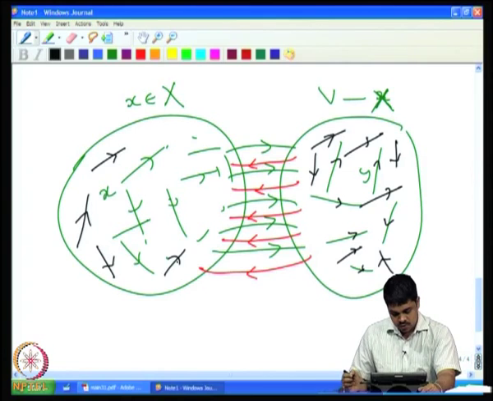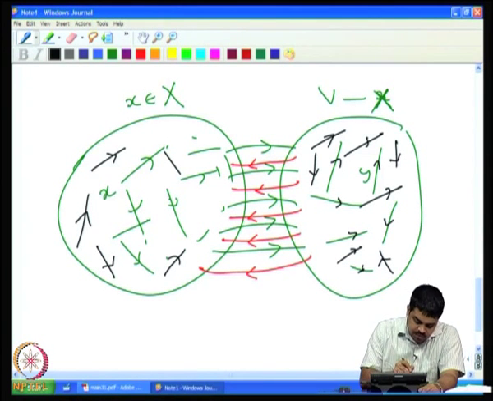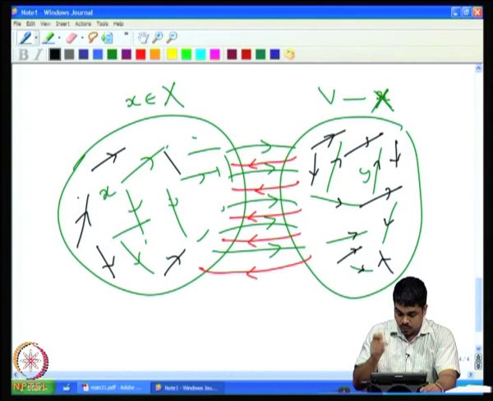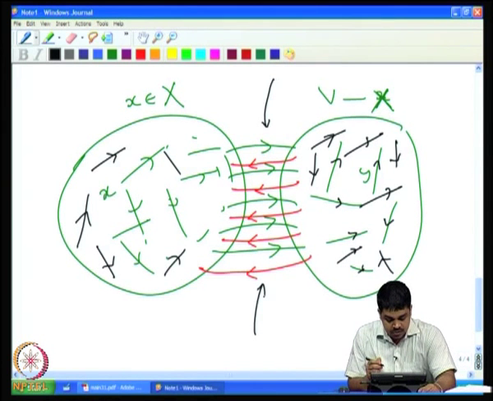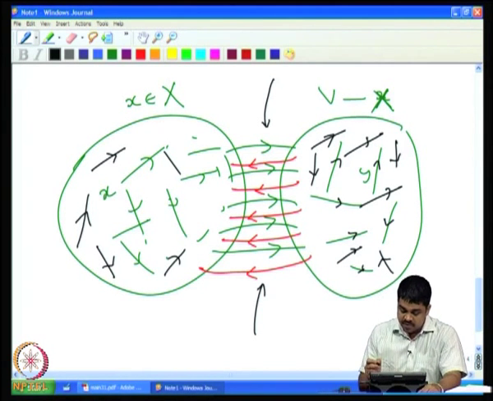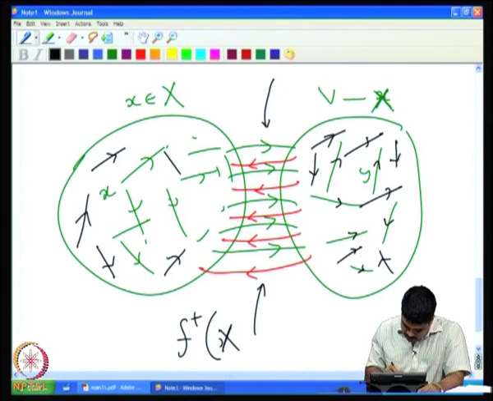So, now what will we expect? Suppose from the source the commodity is flowing into y. We would be interested in the value of the flow here. What is meant by the value of flow at this cut is how much is the outgoing flow here, namely f plus of x minus f minus of x.